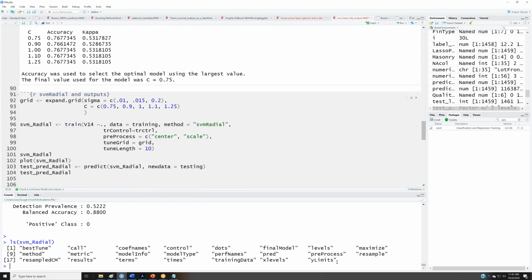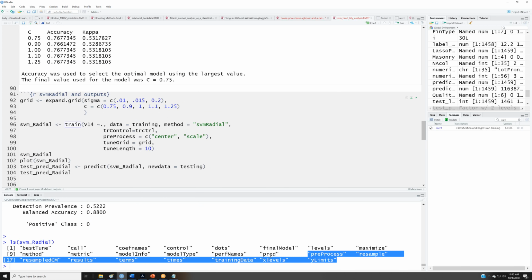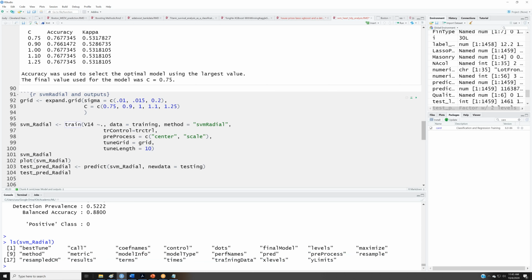At this time, I'm exploring X levels, Y limits. So it must be here, I believe. Call, coefficient names, best tune, control, dots, final model. Let me see whether I can get predicted, model type, model info, metric, pre-process. So let me see pre-process.